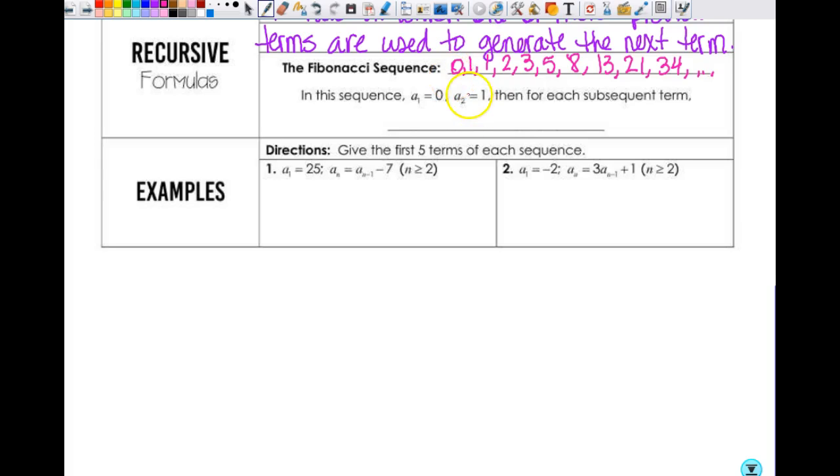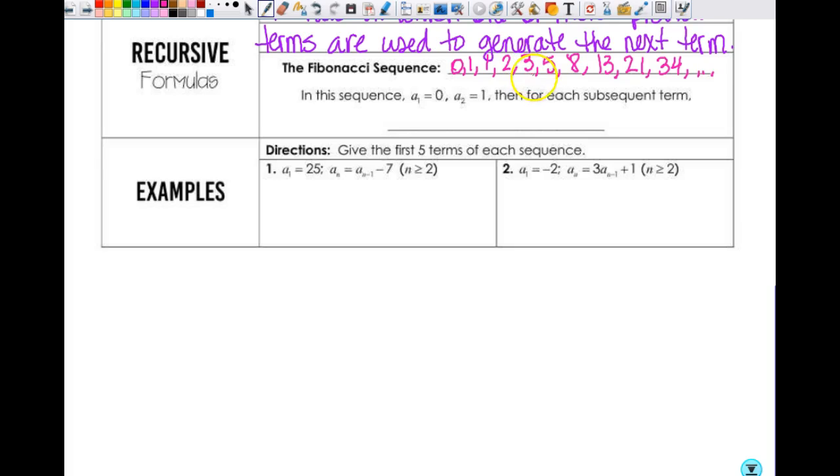A sub 2 is 1. Then how do we get each of the next terms? What do we do? So to get this term, I take the previous number and do what? Add it to the one before that, right? So I have to add the 2 previous ones together.